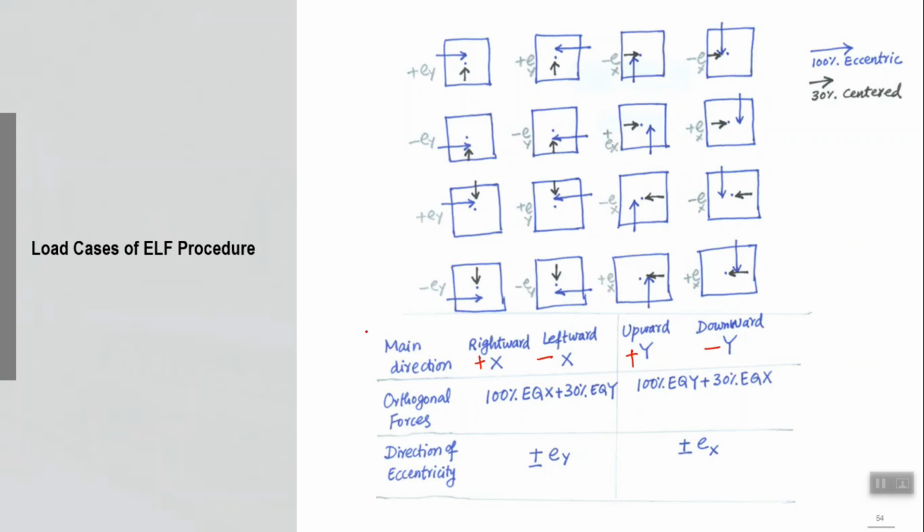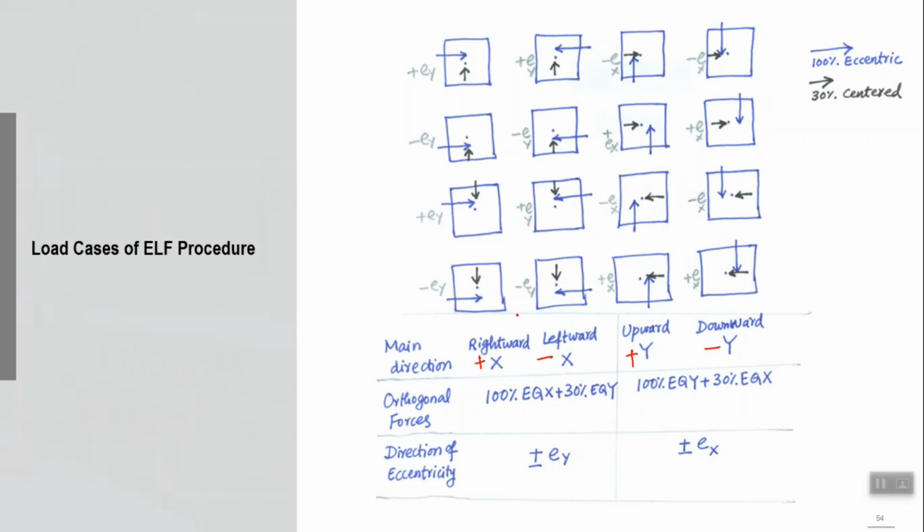So, 4 cases only for considering the main direction. If you have to apply the earthquake in x and y simultaneously as part of the requirement for considering orthogonal loading effects, right. So, orthogonal forces will be there if you are required to do that, because there is a condition.